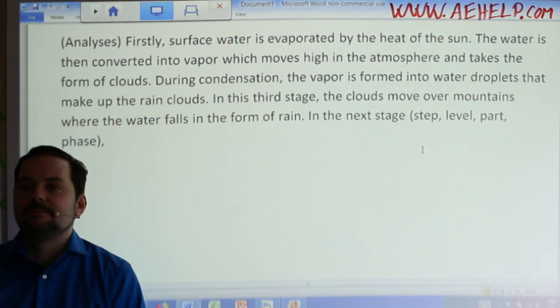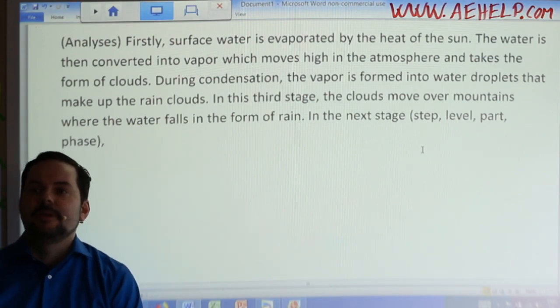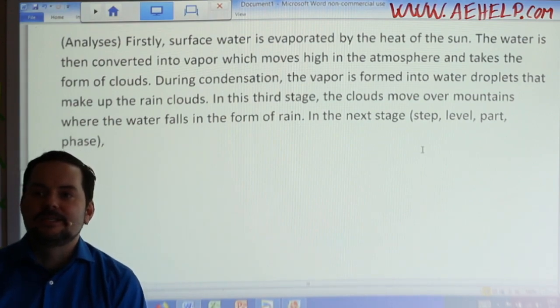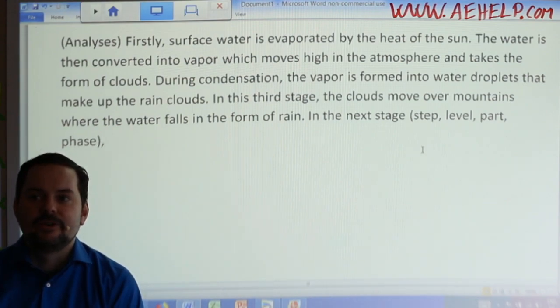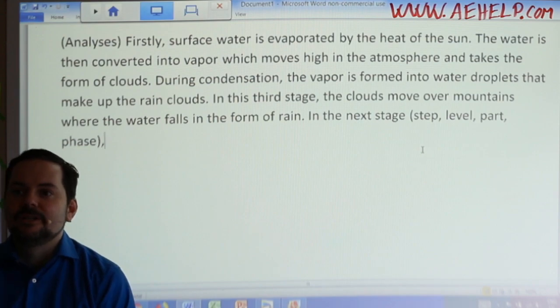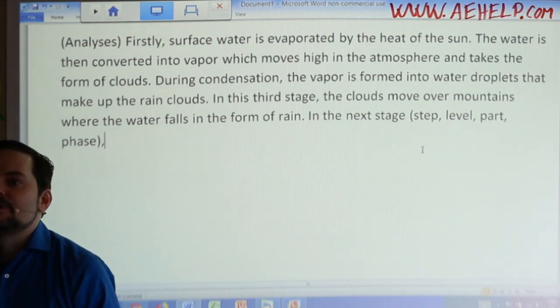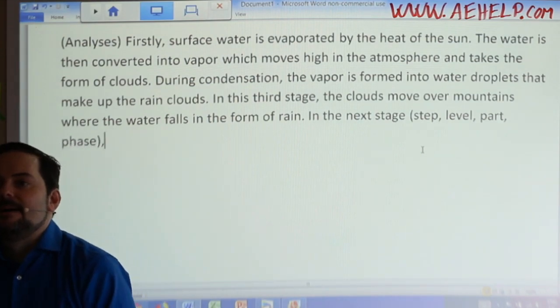What happens to the rain? What happens to rain, guys, in the next stage? Rain falls on the, it's not final yet, Dr. Khalid, careful. We still have another step in the process. So what happens?